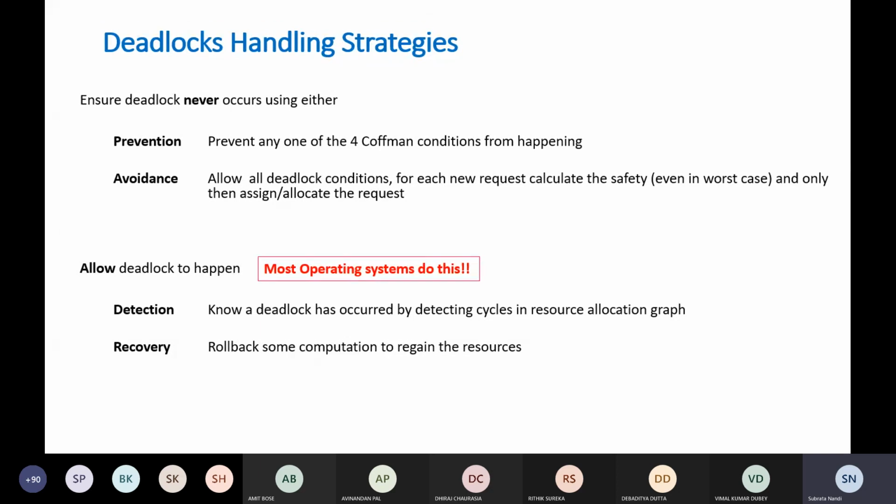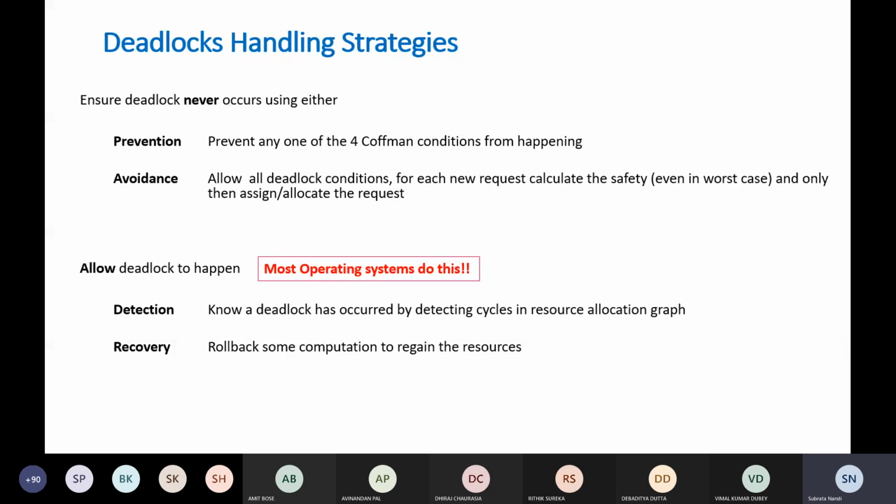That means right now the request cannot be satisfied. You just hold on, and you make sure that till that point it is in a safe state. You know that some of the processes will complete or release the resource, and after a certain while the request can be satisfied. So that was the strategy of avoidance.